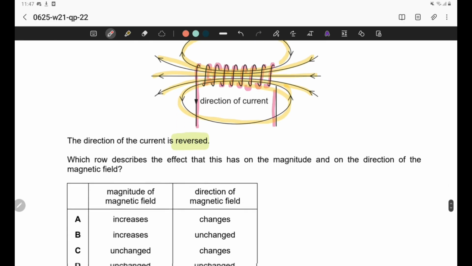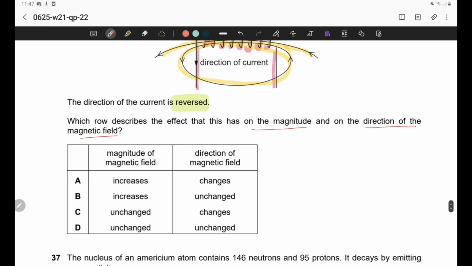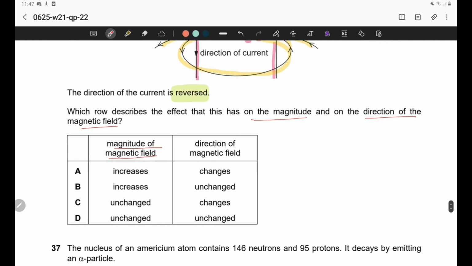Let's look at each option and check which row describes the effect that it has on the magnitude and on the direction of the magnetic field. Option A says the magnitude of the magnetic field increases when the current is just reversed. So here the current is only reversing, the amount of current is not increasing. So the magnitude of the magnetic field is not going to increase, but it will just reverse.